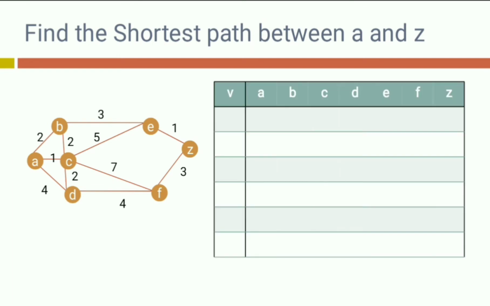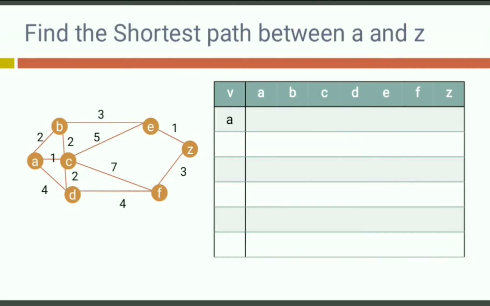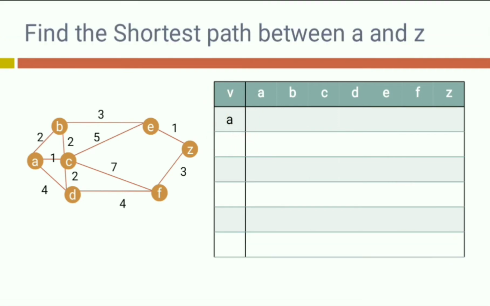First you have to write the vertices. We write all the vertices in this way, and then we'll choose the first vertex. We have to find the path from A to Z, so we'll choose our first vertex to be A. Now we'll find the distance of A from all other vertices.